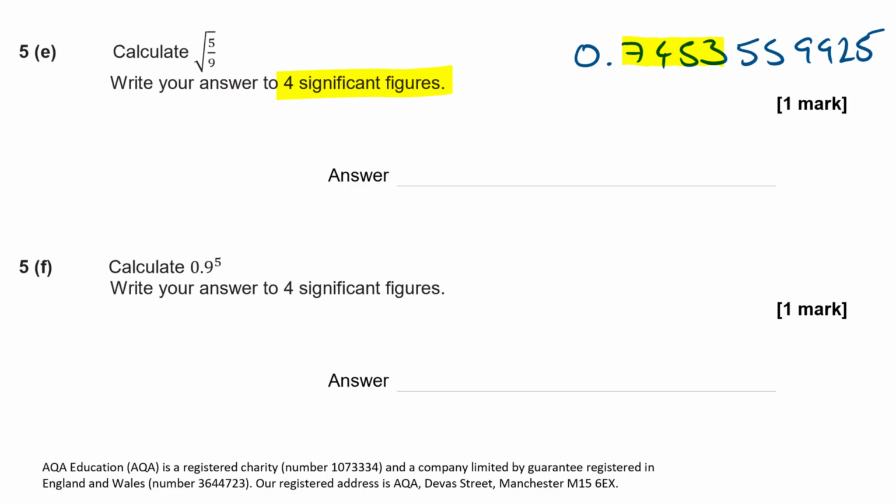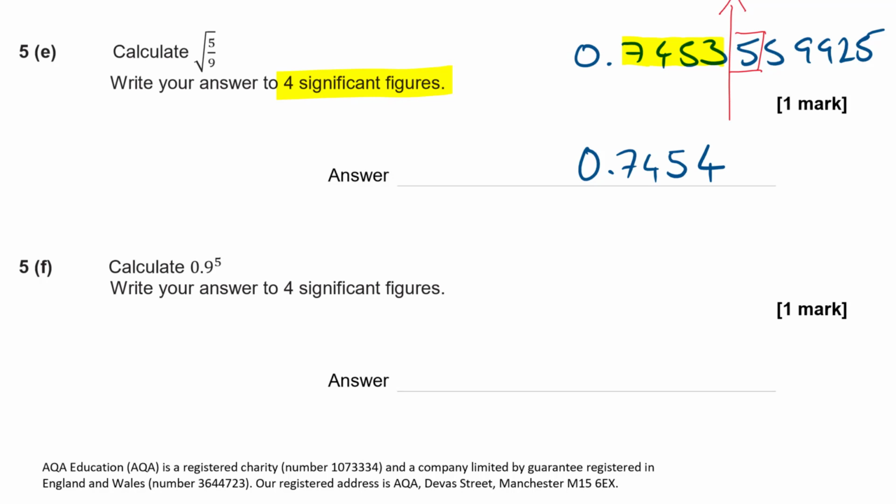So I need to round it off after that 3. The next digit is a 5. 5 or more, raise the score. So my digit's going to go up by 1. So rather than having 0.7453, I'm going to have 0.7454.